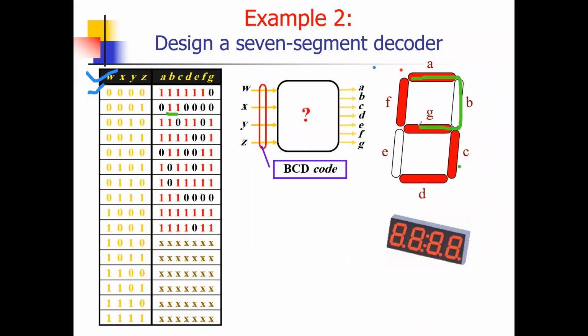A, B, G, E, D. Which one is 0? F and C. Clear or not? F and C. So how many came up? 7 came up.